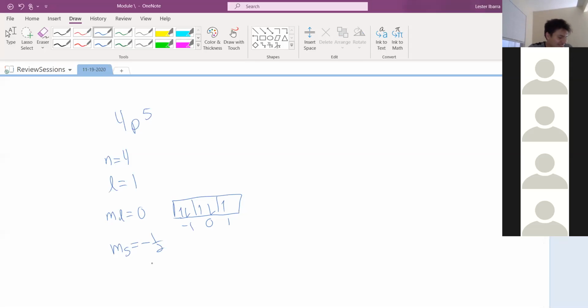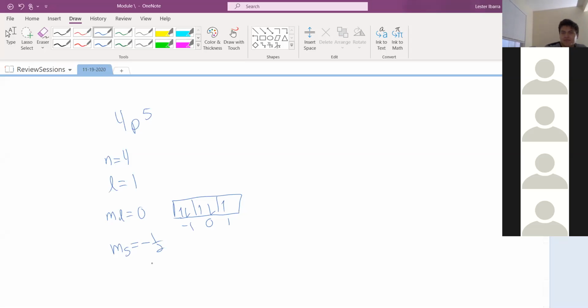Trying to think of something else. Oh, I guess a conceptual question. Would it be possible to have 2 electrons in the same atom have the exact same quantum numbers?